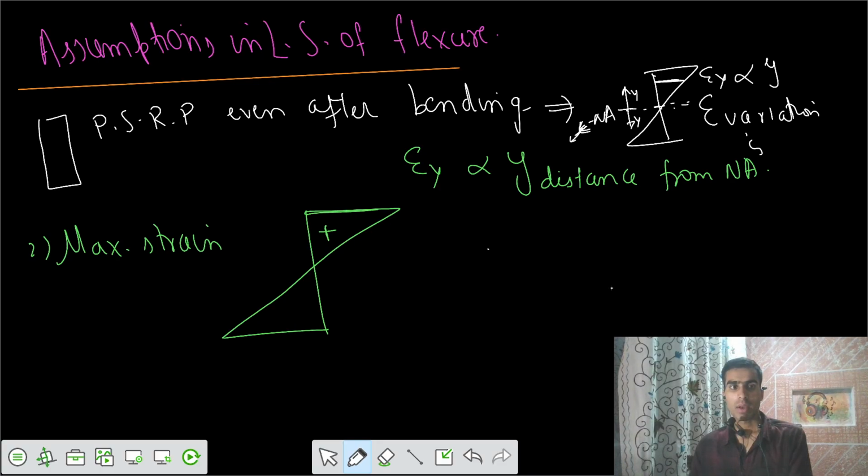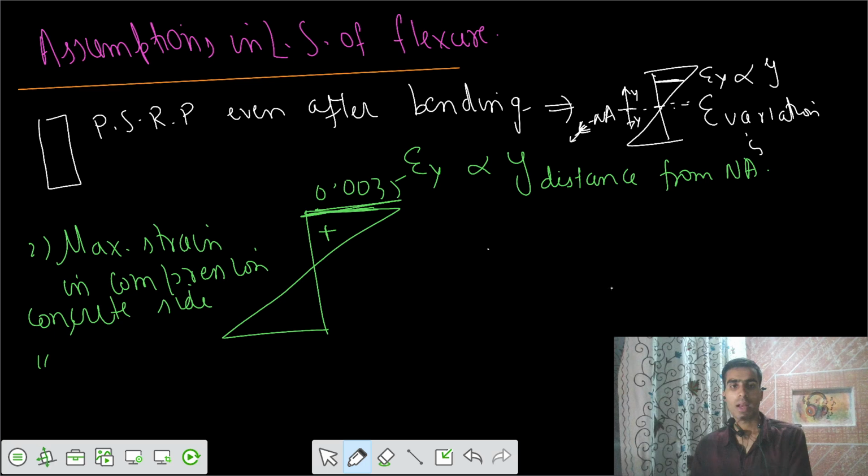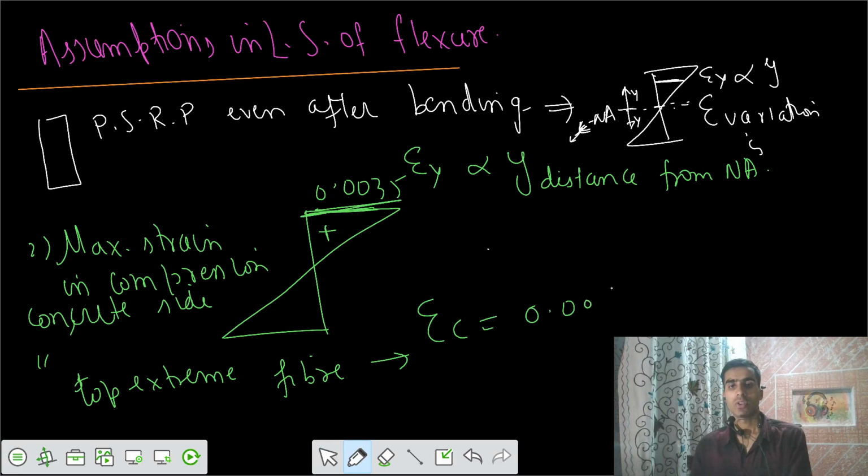So the maximum strain in concrete on the compression side should be equal to 0.0035. That means on the top extreme fiber for sagging bending moment, the strain in concrete should be 0.0035. This is your assumption 2.